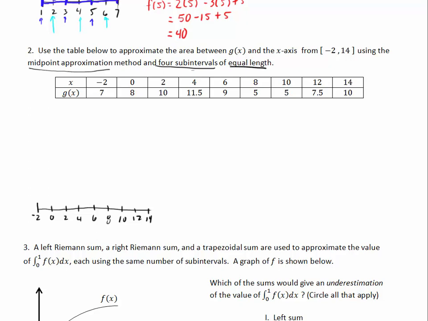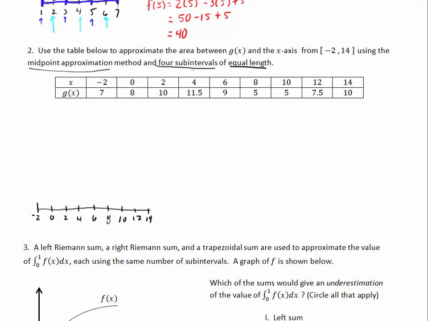So let's see how we're going to break this thing up. -2 to 14, that's 12 units, right? And we want 4 subintervals of equal length. What am I thinking? That's not 12 units. That's 16 units. 14 and 2 more, not 14 minus 2.